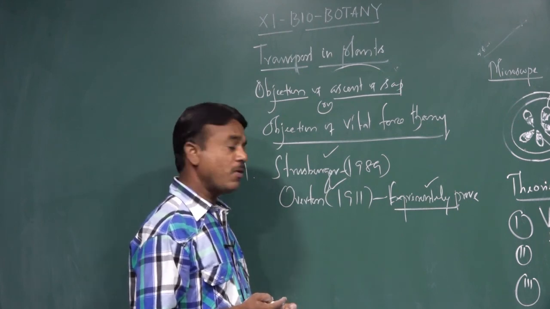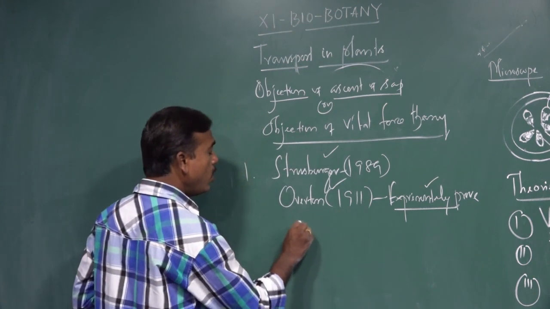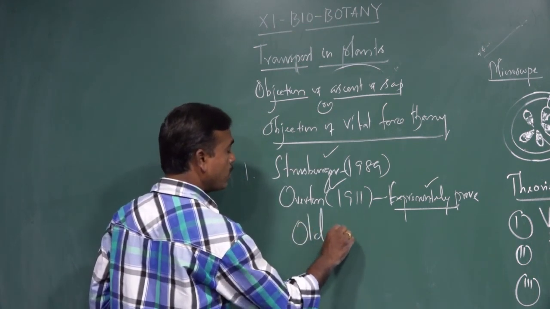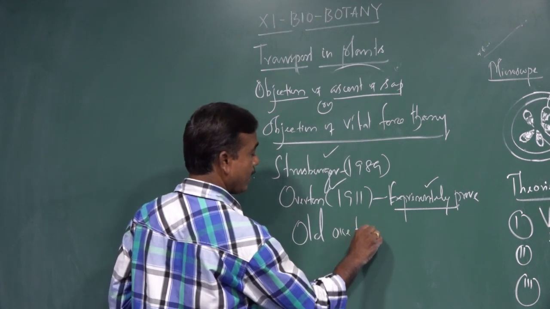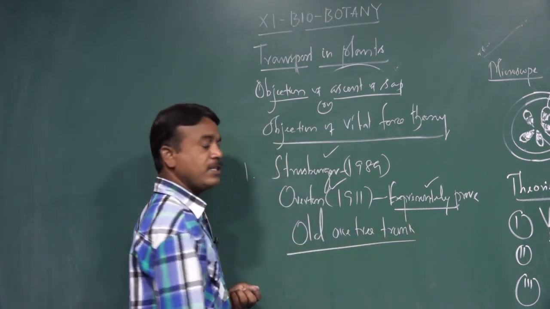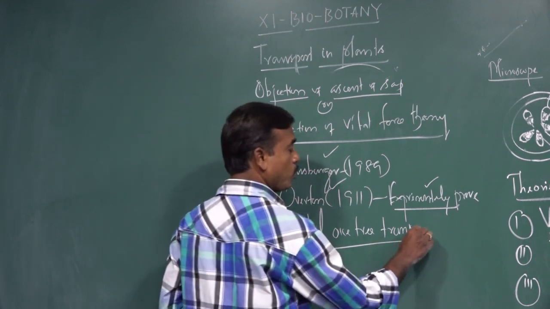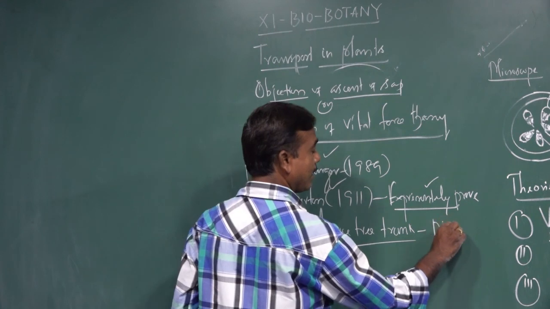How was it proved experimentally? Select an old oak trunk. The selected old oak trunk is first subjected to picric acid.